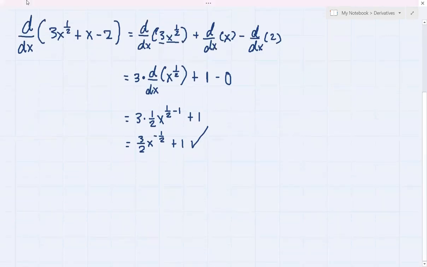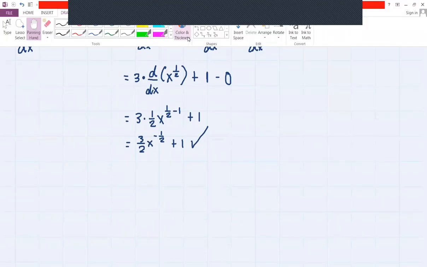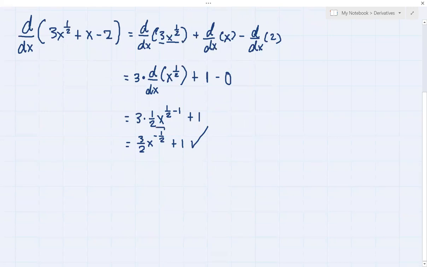Yun, pwede na to as your final answer. Pwede na yan. Or pwede pa natin itong simplify. Remember, kapag meron tayong negative exponent, tapos ayaw mo ng negative, anong gagawin? We will reciprocate. So, paano yun? Okay. Kapag meron tayong term na may negative exponent, we will reciprocate it as 1 all over x raised to n.